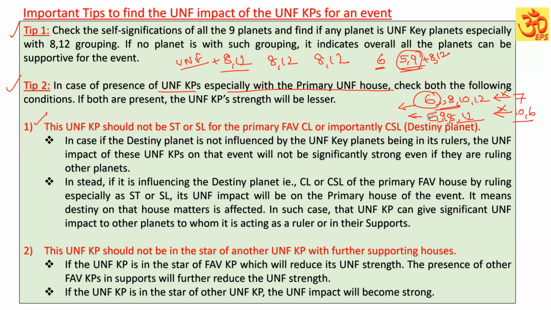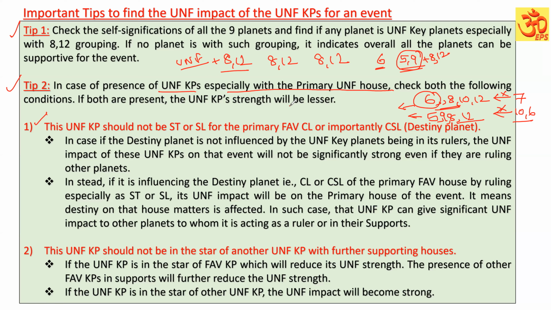For example, for the professional prospects, these unfavorable key planets should not be a star lord or sublord. Actually, it should not be a ruler, but importantly, star lord or sublord for the primary favorable cuspal lord, or importantly, the primary cuspal sublord, that is the destiny planet.